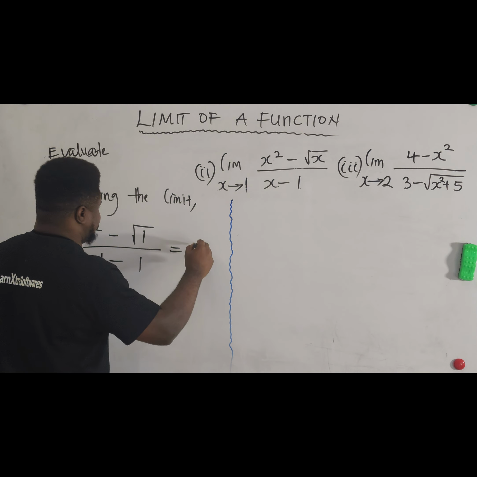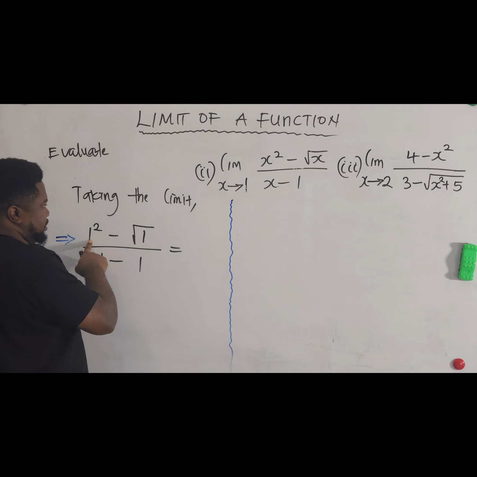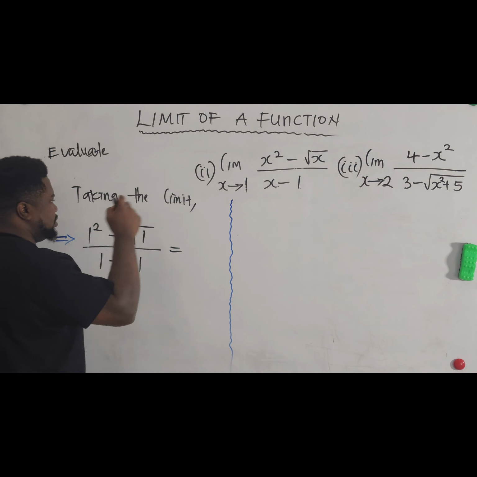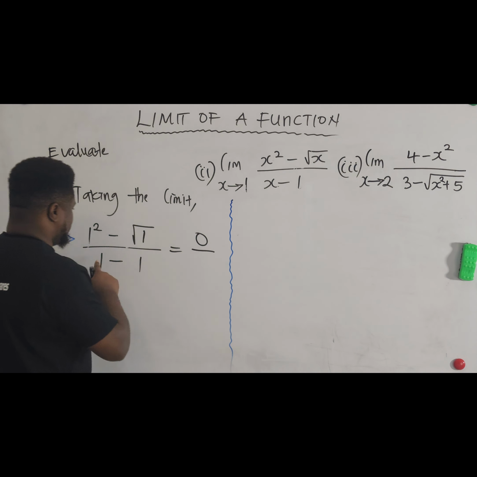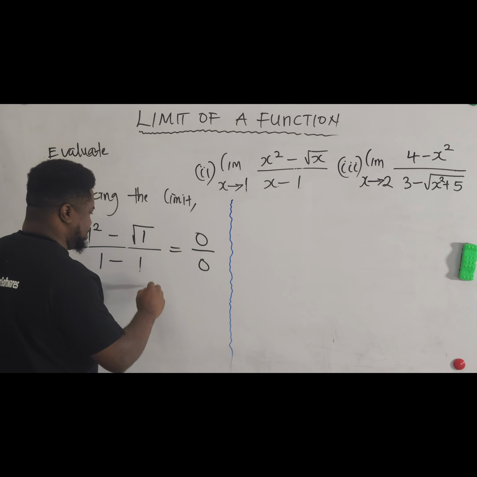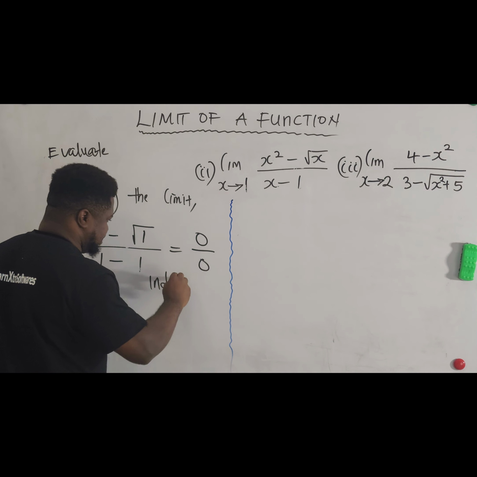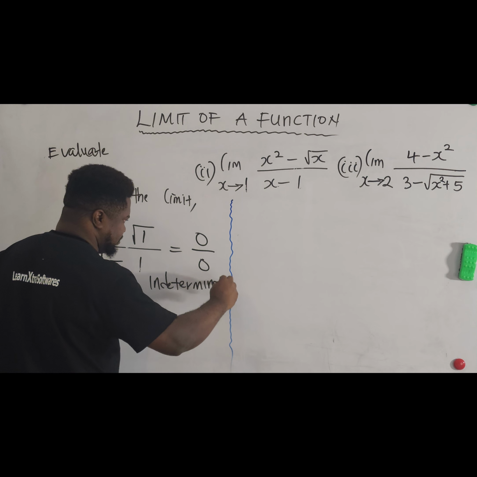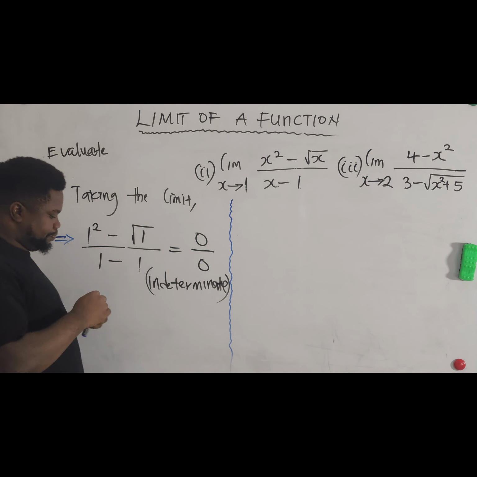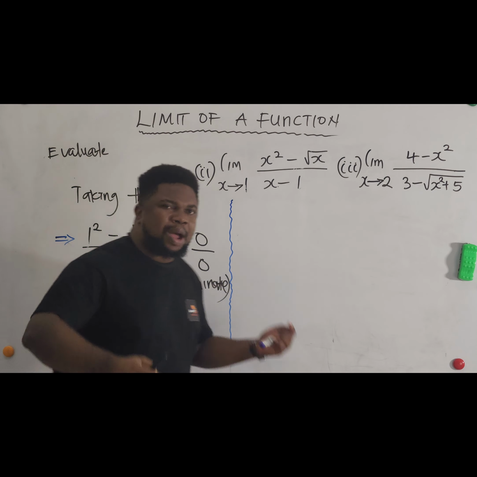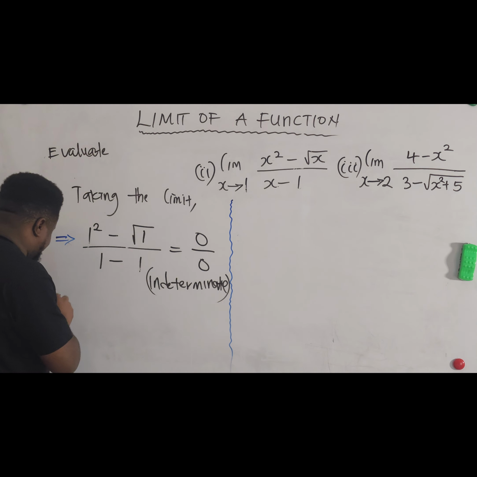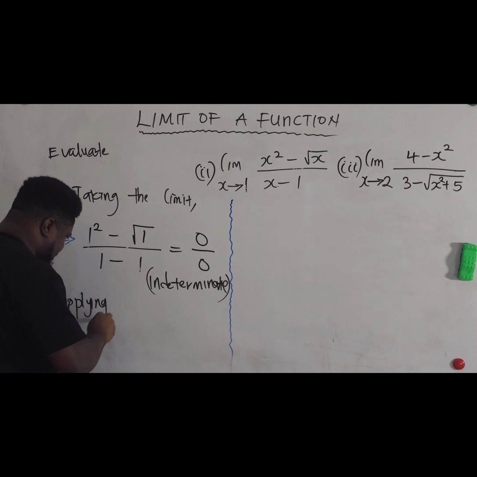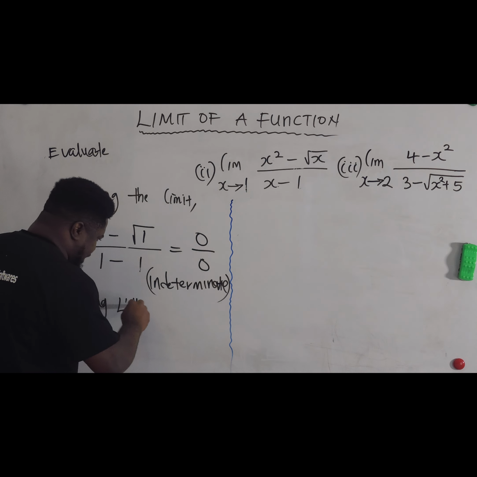And this is 1 squared, 1, root 1, 1, 0, 0 over 0, indeterminate. So what do we do? We apply L'Hopital's rule. Applying L'Hopital's rule.